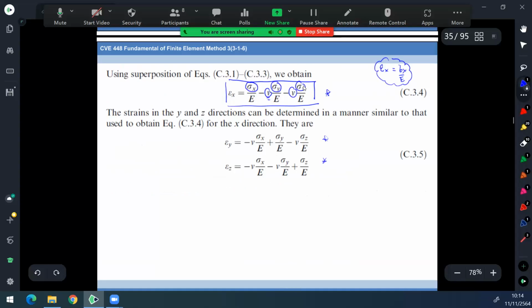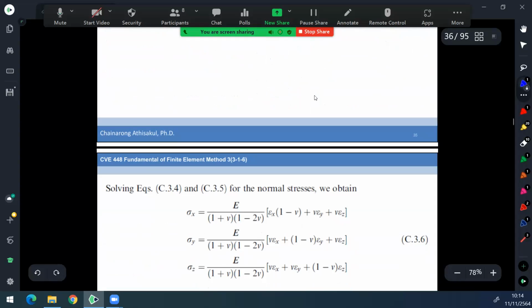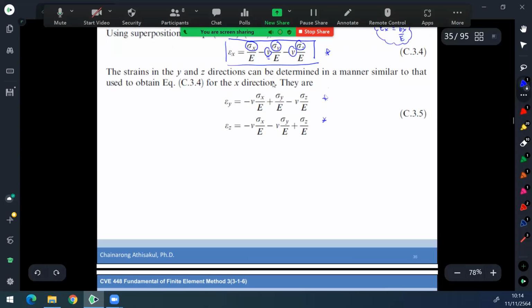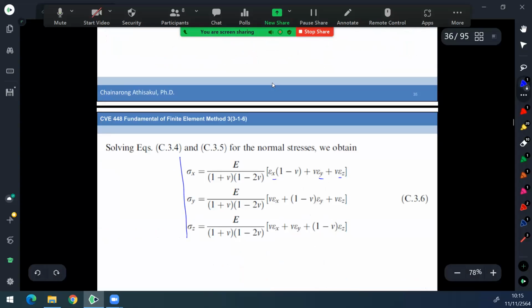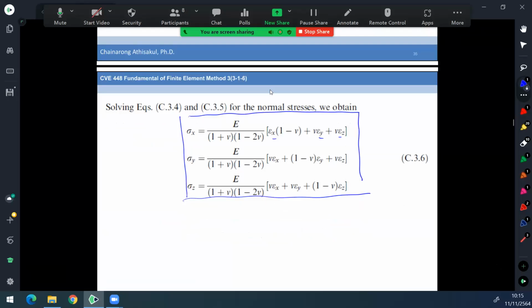And we can rearrange this equation in terms of sigma x, sigma y, and sigma z as a function of epsilon x, epsilon y, epsilon z instead. So from the above equation, we rearrange into this equation instead. As I mentioned before, for 1 dimension you have the stress vector with just one component, sigma x, and you have the matrix E, that is the elastic modulus itself.